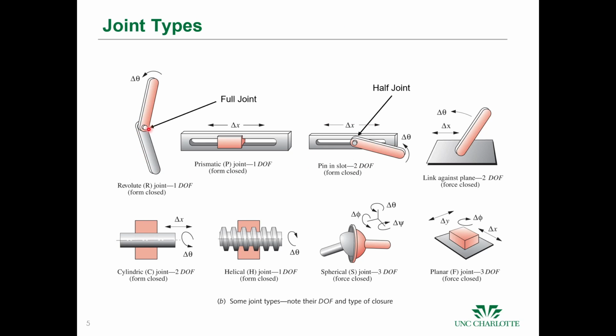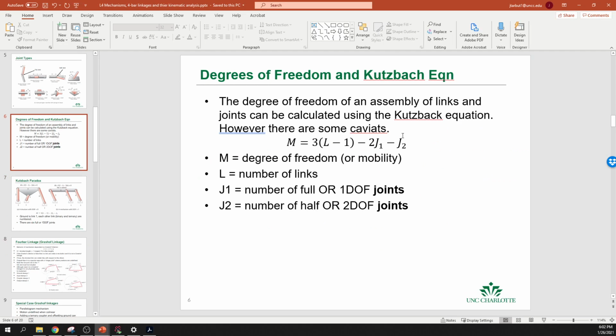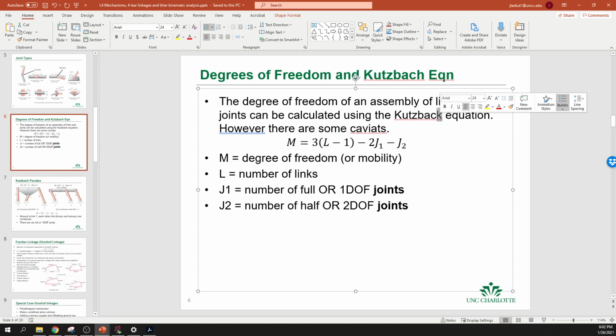Okay, this is a full joint. Doesn't seem intuitive to me, but that's the language. And so J1 is the number of full joints, J2 is the number of half joints. And so using this equation, the Kutzbach equation, we can determine what the degree of freedom is of the system.